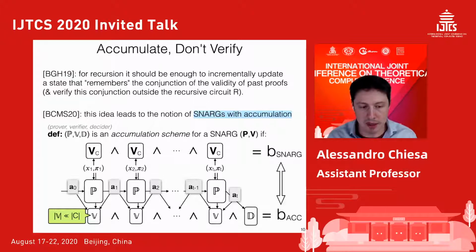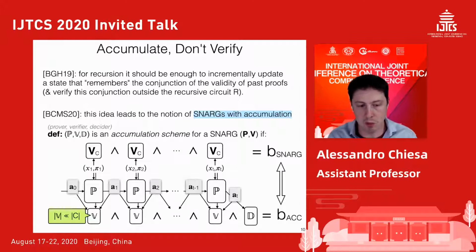Crucially, we want these accumulation verifiers to be very small, okay, to be succinct. But we do not require the accumulation decider to be small. Intuitively, what's happening is the verifiers are just accumulating the conjunction of all these things, and the decider is checking the conjunction of all these things. And because the SNARK verifier is not succinct, the decider is not succinct either.